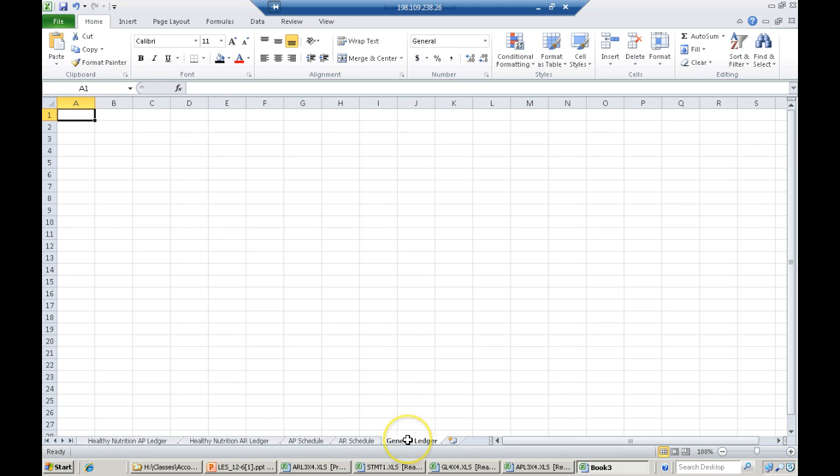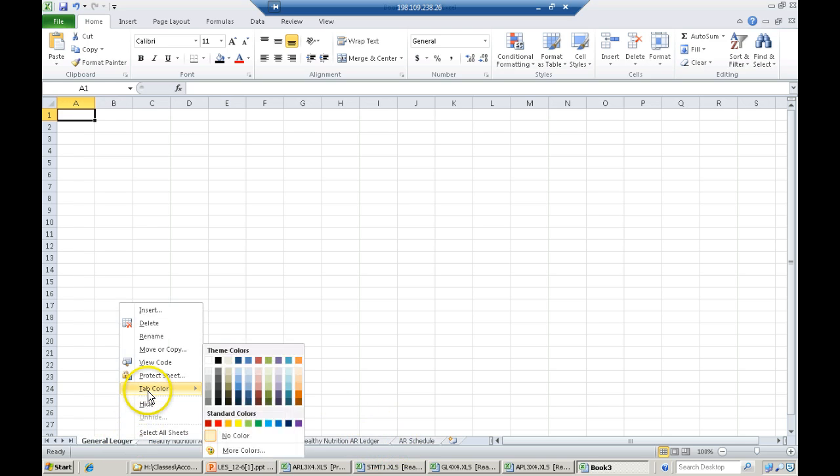Now let's take this tab. If you just click your left mouse and hold it down and drag it over, let's move it to right here. Let's put our AP schedule after our ledger account. So we want it right here. Notice the little arrow at the top, and this is how I want it to look. Let's right click, tab color.